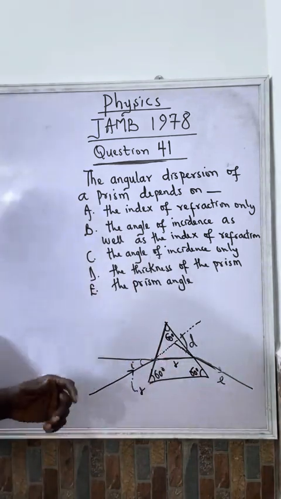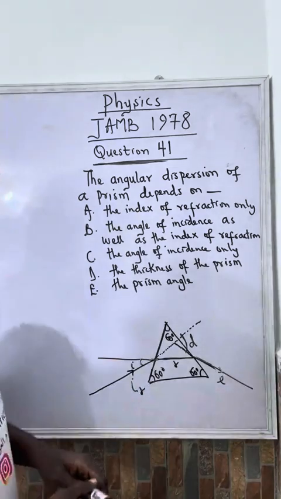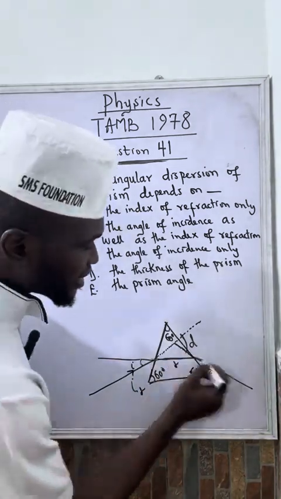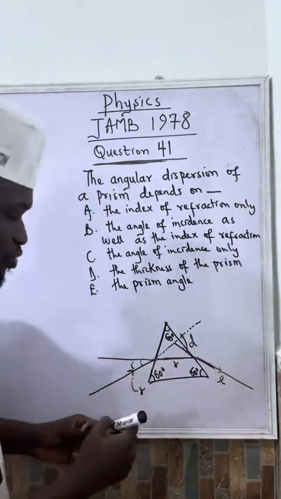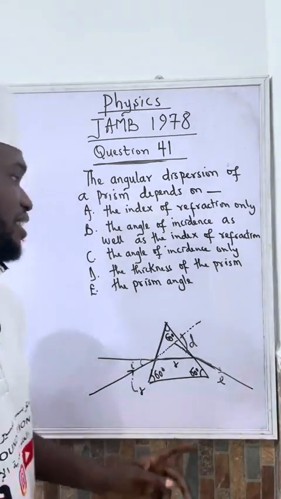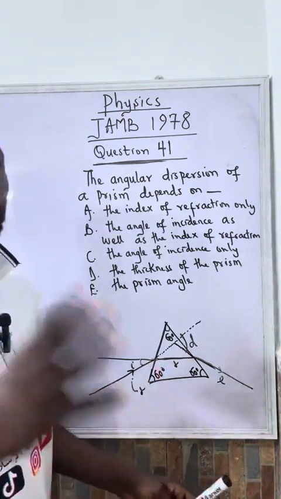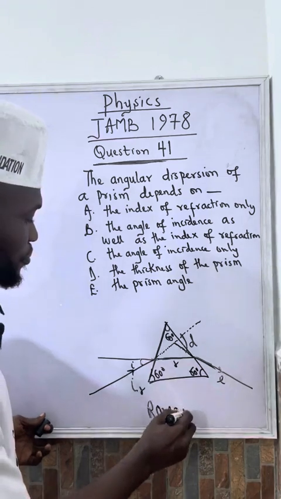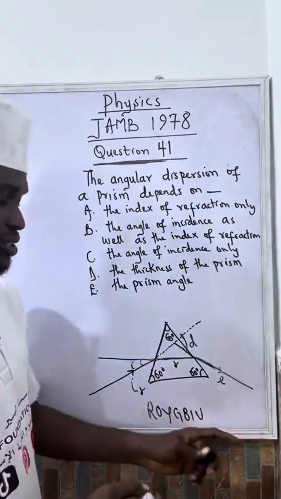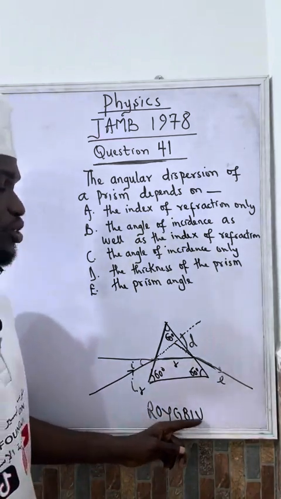Now, after all this, there are several things that can affect the dispersion of light. As light emerges here, it will disperse, especially if it is white light. White light will disperse and form 7 colors, ROYGBIV, just like the rainbow: red, orange, yellow, green, blue, indigo, and violet.